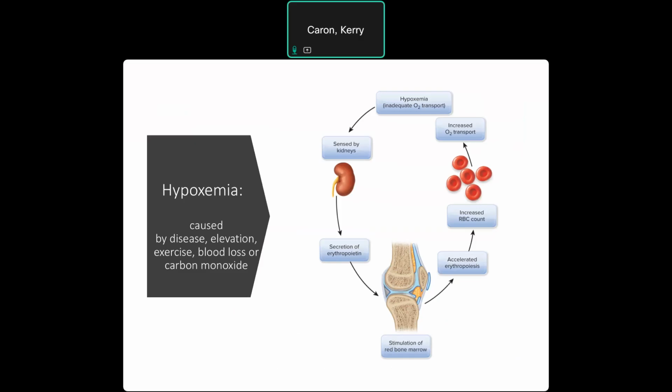The kidneys secrete EPO or erythropoietin, which stimulates the red bone marrow, which accelerates erythropoiesis, which makes more red blood cells, which increases the count, which can then transport an increased amount of oxygen and fixes our hypoxemia situation.